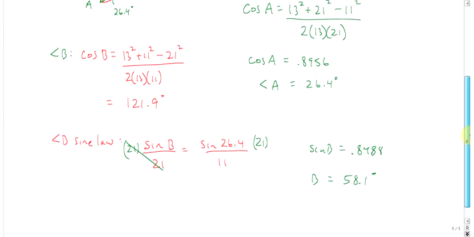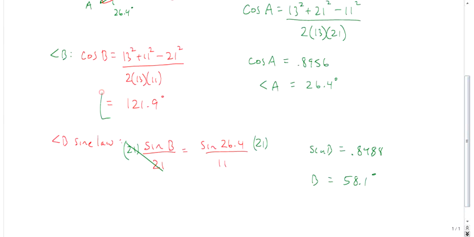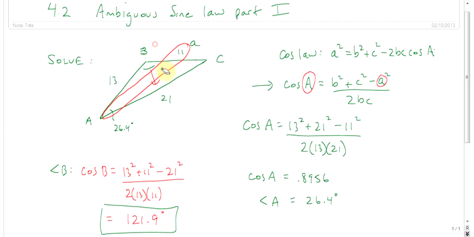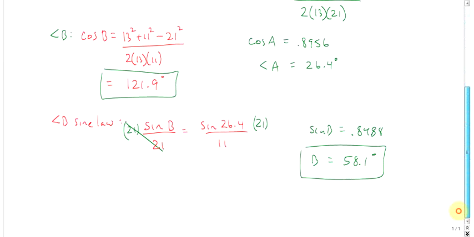Huh. Is that what I got before? No. Does that look like 58 degrees here for B? Is that a little ambiguous? Did I get a double meaning? What did we do yesterday?